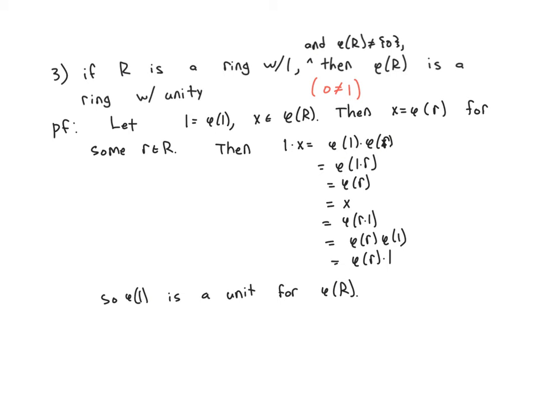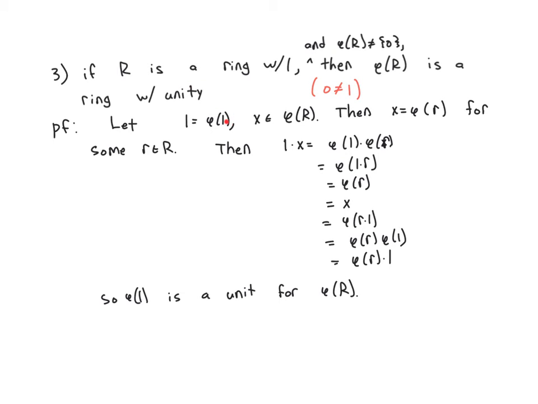And so if you end up with the 0 ring, we usually say that the 0 ring does not have a unit. So you have to make sure you get something else. Because I forgot to mention it, but you could always create a ring homomorphism between any two rings by sending everything to 0, which is kind of a useless ring homomorphism, but it works.